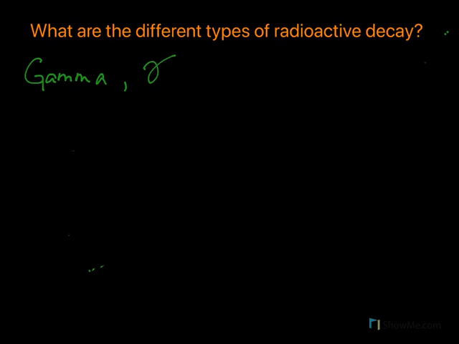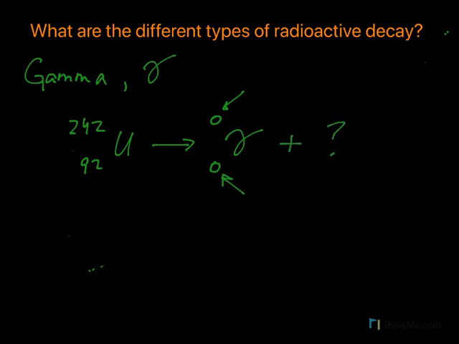So let's take our uranium-242 that is going to go through a gamma decay. Since a gamma particle is small in size and has no charge, it is designated with a zero atomic mass and a zero atomic number.